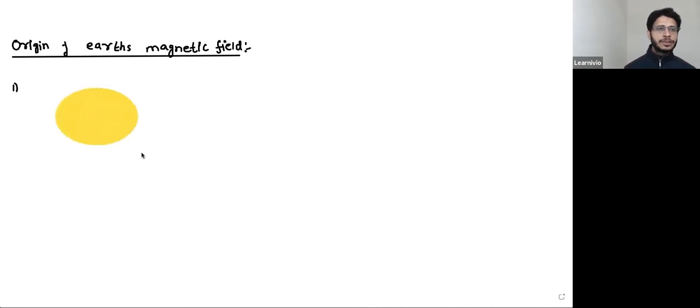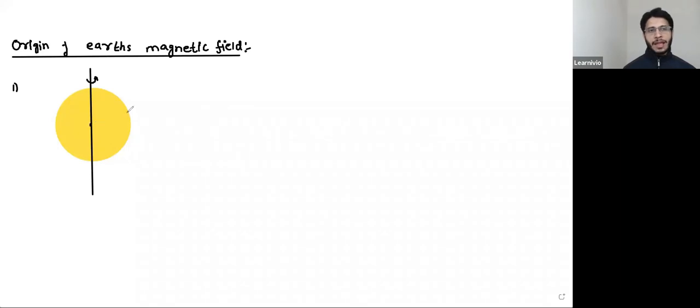So the first theory says, let's say this is Earth. This is an axis which is passing through the center of Earth. Oh, Jumana, I'm discussing it. I'm just discussing. So if this is Earth, this Earth is rotating about its axis. Around the surface of Earth, you have some charged particles.